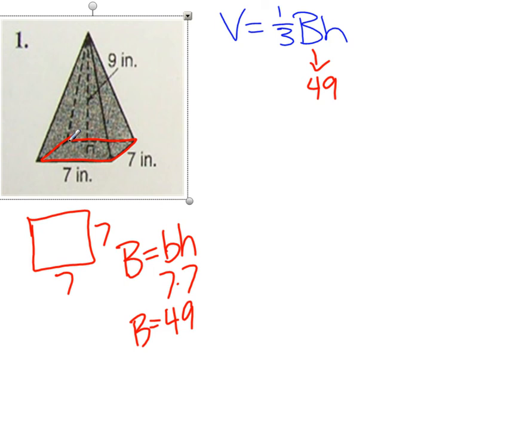We then look at the height of the entire pyramid, which is 9. 49 times 9 is 441. Remember, if you're going ahead, you don't need to shout out the answers for the people that haven't done this yet.